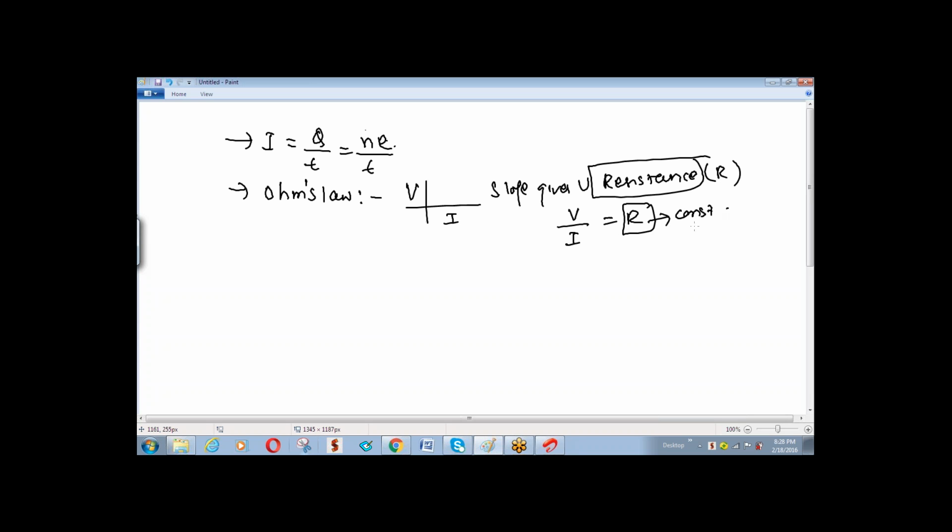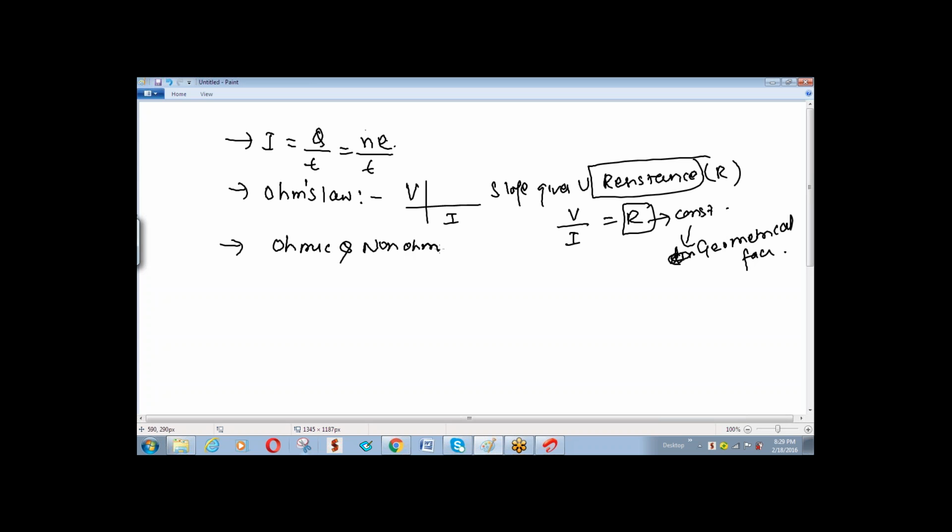It depends upon geometrical factors. Later on, we came to know about two types of conductors, that is ohmic and non-ohmic.